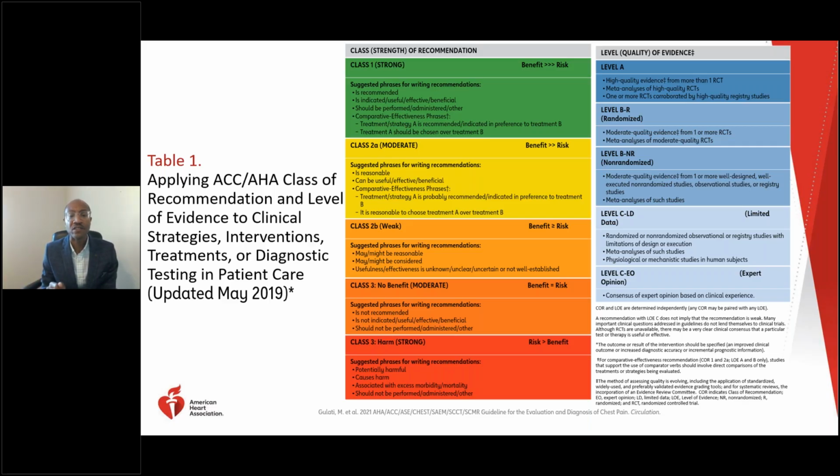This is coupled with a level of evidence. Level A is supported by high quality evidence, meta-analyses supportive of high quality randomized control trials, as well as randomized control trials corroborated by high quality registry studies, such as the Get With The Guidelines CAD registry.